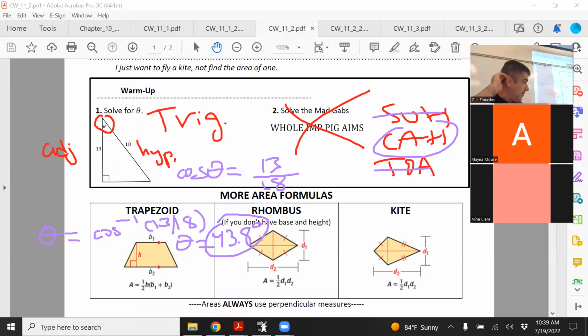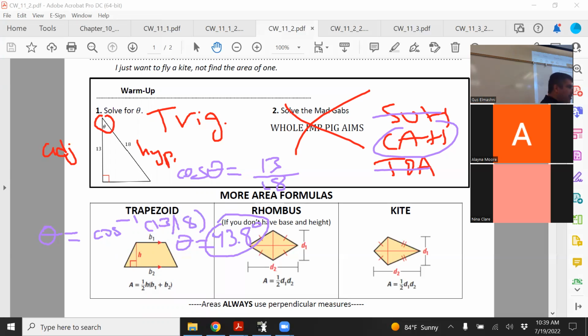Now let's talk about formulas. Trapezoid, rhombus, kite. For a trapezoid, it's going to be 1/2 H, B1 plus B2. H is going to be the perpendicular segment that connects the two bases. Obviously, this is perpendicular, just look at it. And B1 plus B2 in parentheses. If you want to derive it, it's kind of like having two triangles in a rectangle.